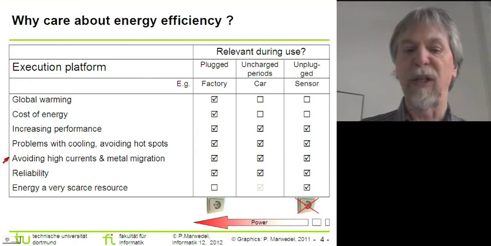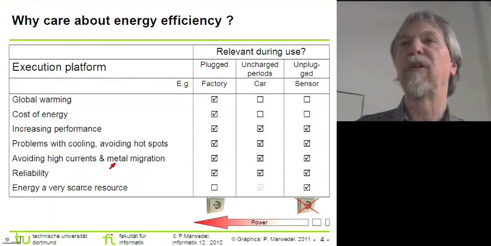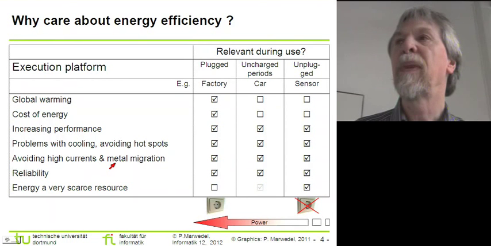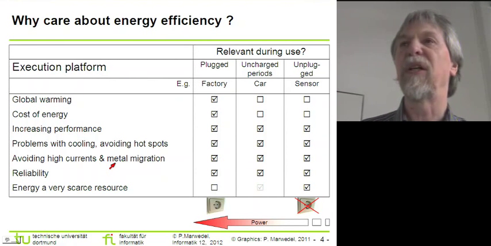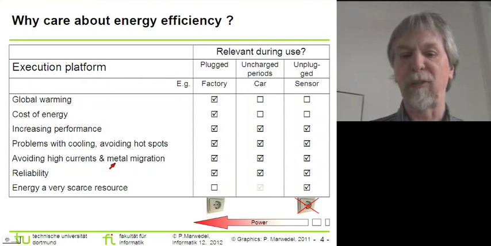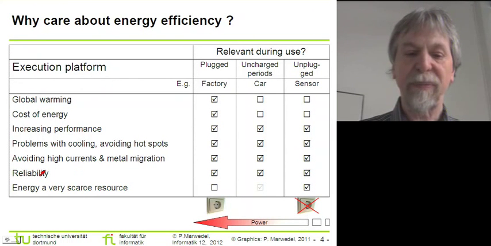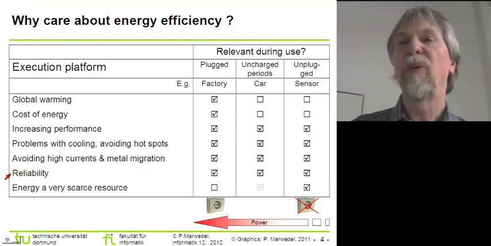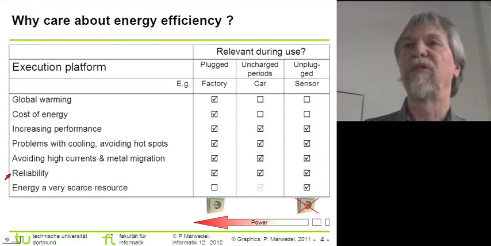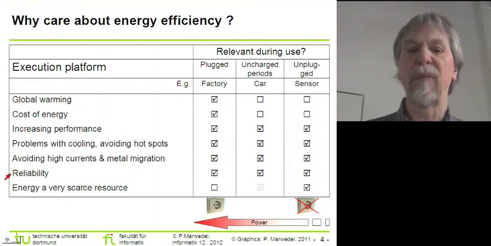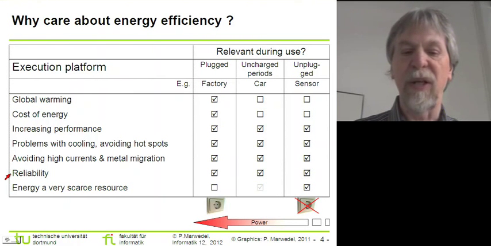Current densities might be getting very large, and therefore we can also have an effect called metal migration, which means that the metal starts to flow like a pudding, which is something that you don't expect from a solid-state device. Also linked to that, we have problems with reliability. It might happen that future systems wear out over time, and that's something that we would like to avoid as much as possible as well.